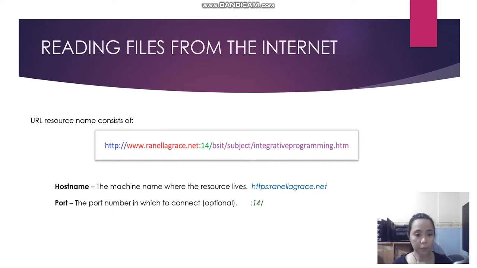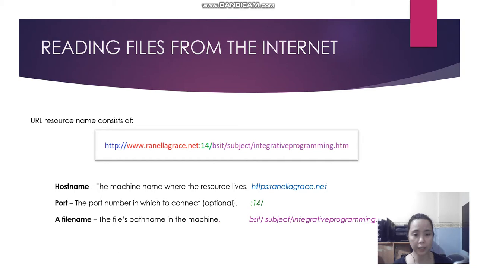And then the port number, which is the green lettering, to which to connect. And then the file name, which is the BSIT slash subject slash integrative programming dot htm, which is the file's path name in the machine.